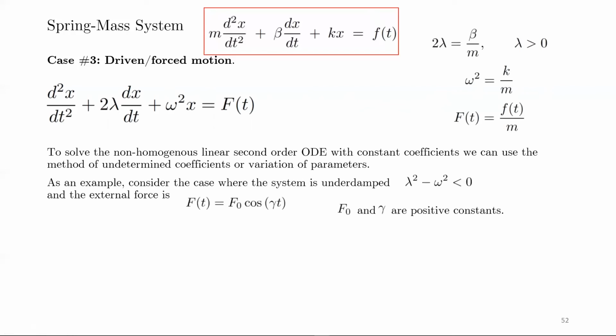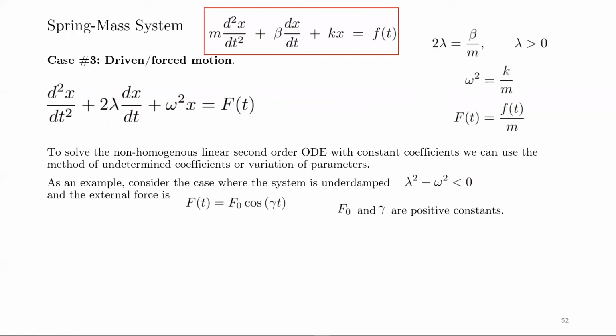So as an example, we can consider the case where the system is underdamped, so lambda squared minus omega squared is less than 0. So this is where we get oscillatory solutions. And let's add an external force of some constant F0 times cosine of gamma t. F naught and gamma are positive constants.